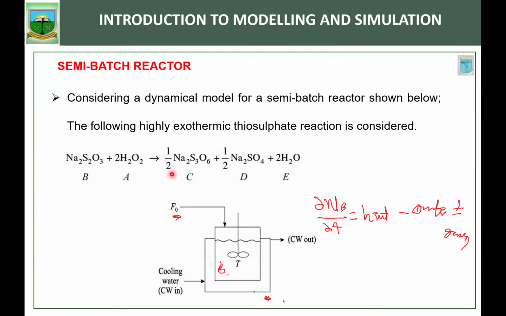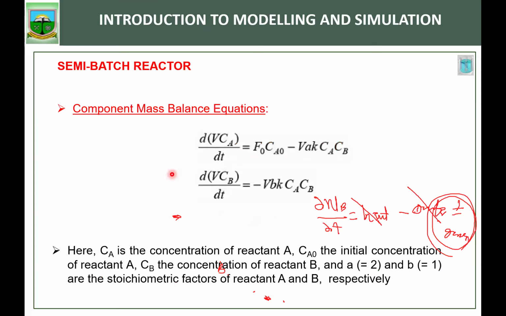So for this, this one will go off, this one will go off, leaving only this. So it's left with one term. And so that is why you see that we only have one term for the generation of B here. And the same way, it's negative because B is being depleted.